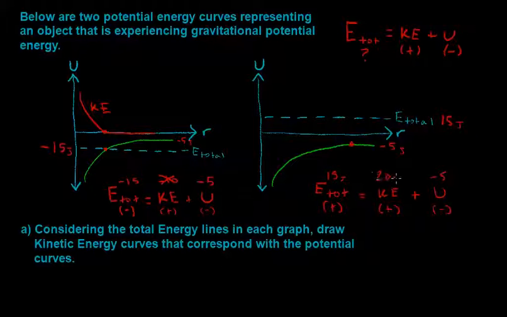So wherever 20 joules ends up on this graph, which is just 5 units above the total energy, so about here. And with that, we can draw the corresponding kinetic energy curve matching with the potential energy curve.